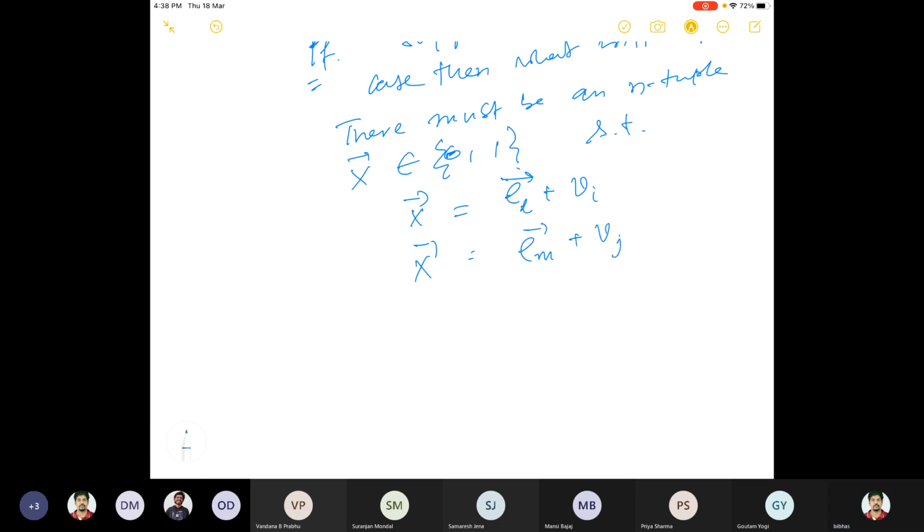Since they're equal, you can say EL plus VI is equal to EM plus VJ.